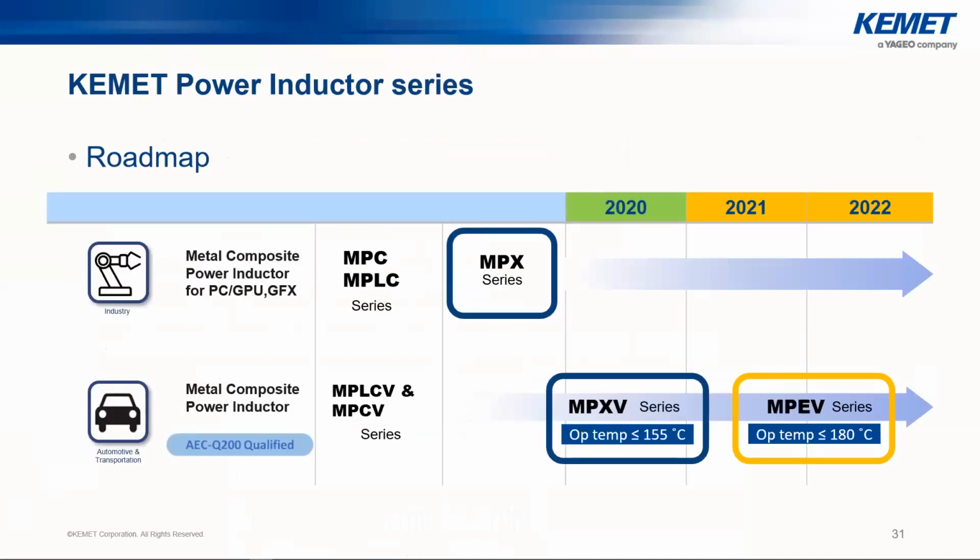Let's have a short outlook on the Camet inductor series, what is coming next. This is where we are standing now. We just have the MPX-V series for the automotive world. And the next step will be something going much higher, the MPE-V series, and the E stands for extended temperature. So here we are going up to 180 degrees.